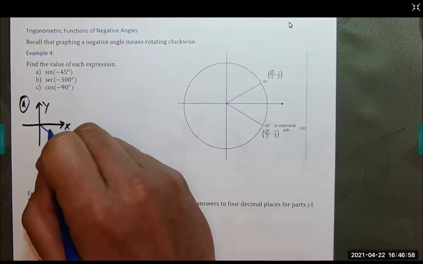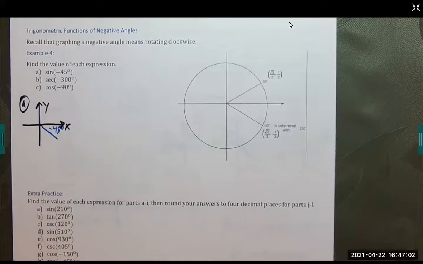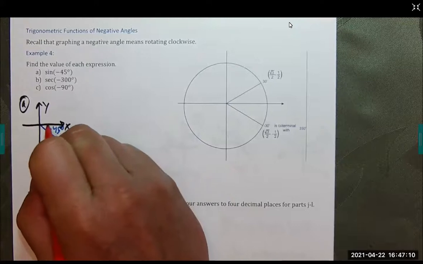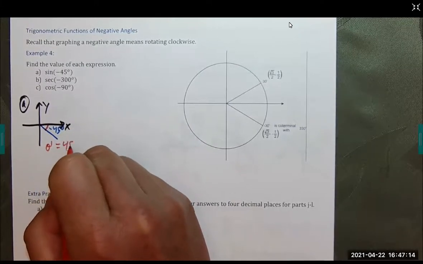So this is negative 45 degrees. Now you'll note its reference angle is also just 45 degrees. It's always positive. So there, theta prime is 45 degrees.